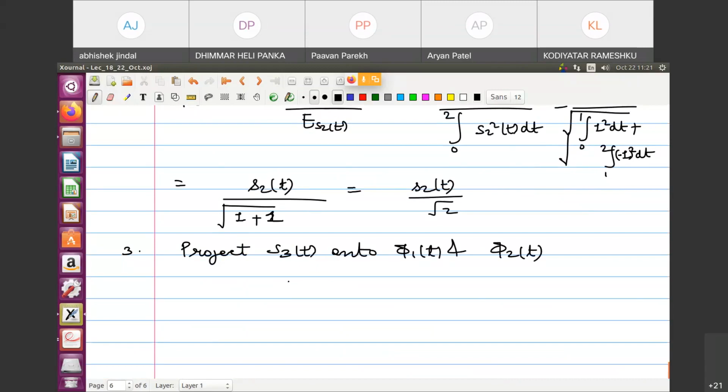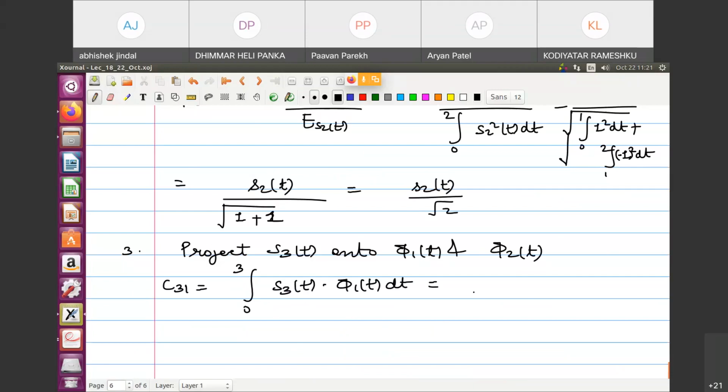So first obtain C31. It is equal to the integral. Let us check if we want to project S3(t) onto. So I am just writing the values now because I think this is quite straightforward to see. So this should be 0 to 3 of S3(t) into phi 1(t) dt.